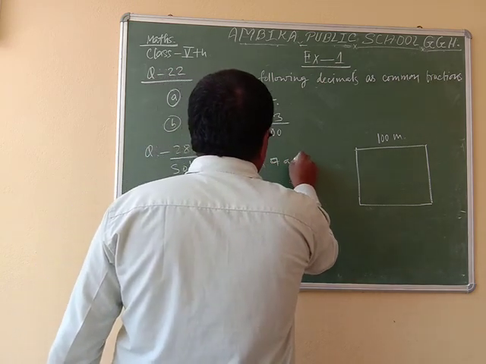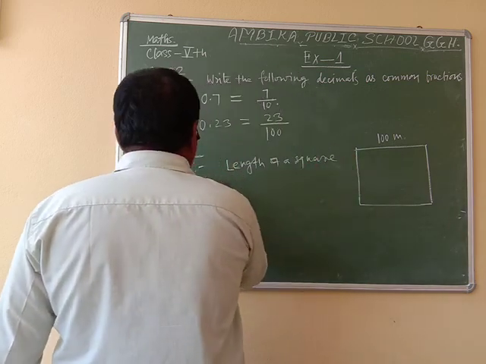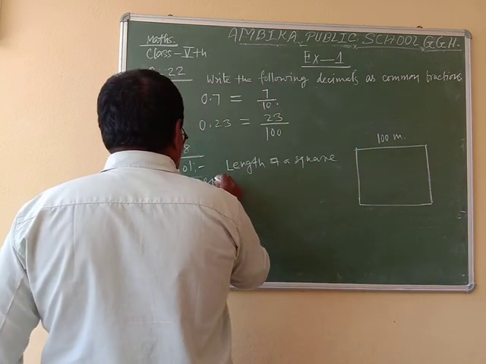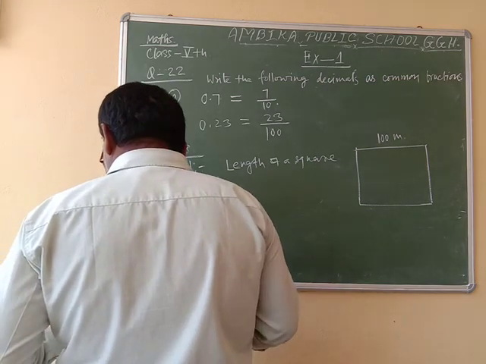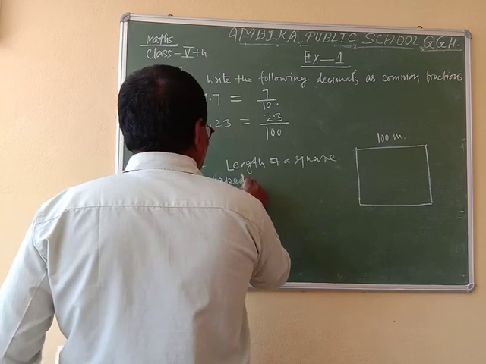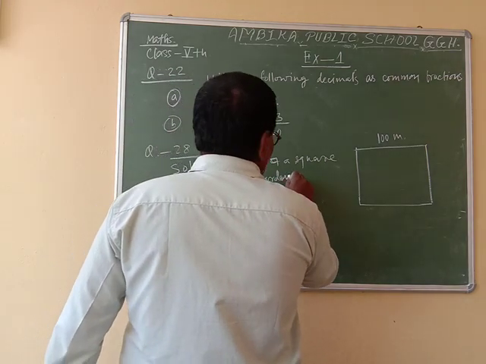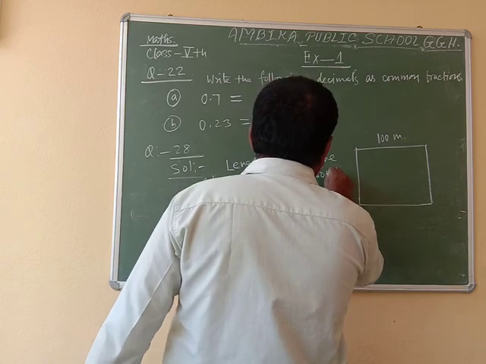Length of a square shaped garden side is equal to 100 meter.